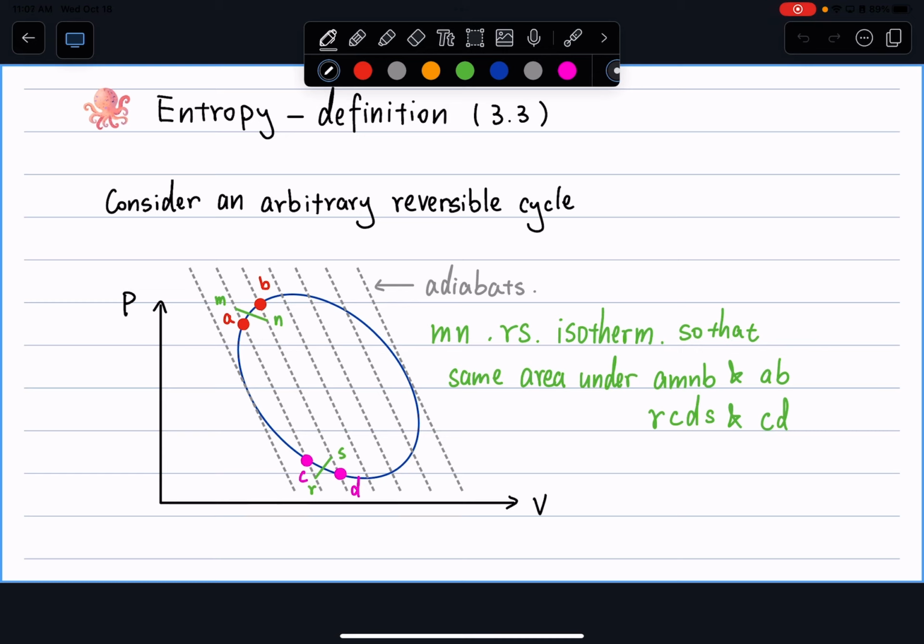Then what we know on the adiabats. Whenever you have something along the adiabats, what we know is they have Q equals 0.